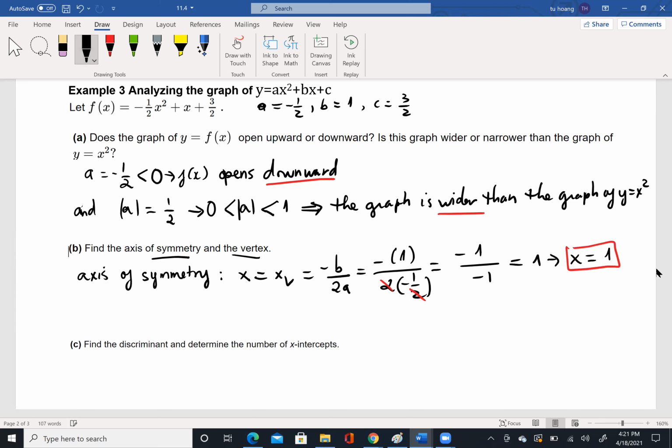And now I need to find the y value of the vertex, which equals f of 1.